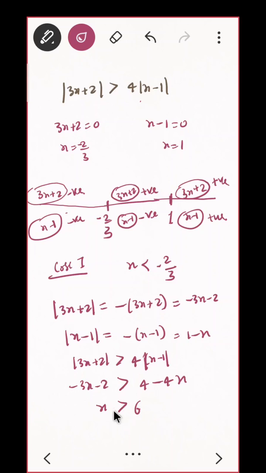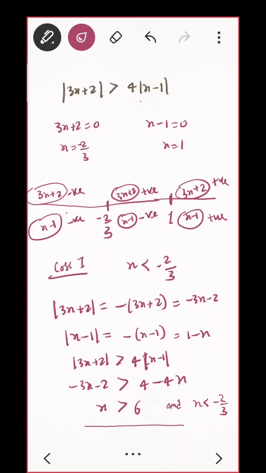Is that clear, everyone? So what is the condition you are having? You are having x greater than 6, let us write this also here, and x less than minus 2 by 3. So what do you think the common region would be? Is that clear, everyone?